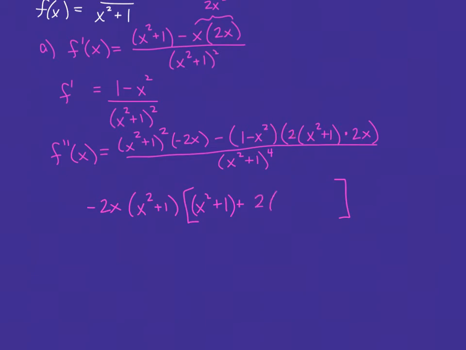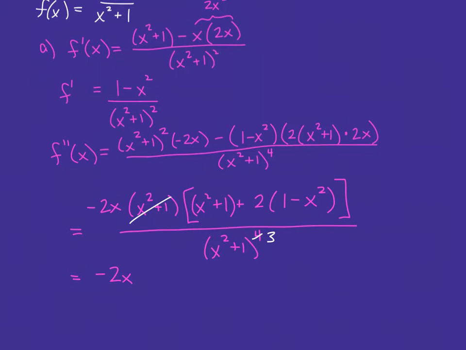So we're left with a 2 and a 1 minus x squared, all over our denominator, which is x squared plus 1 to the 4th. Now from here, we still have that out front. Look at what can cancel because it's factored out front. An x squared plus 1 can cancel, so we'll be down to 3 of them here. So this one cancels, and this will go down to being cubed.